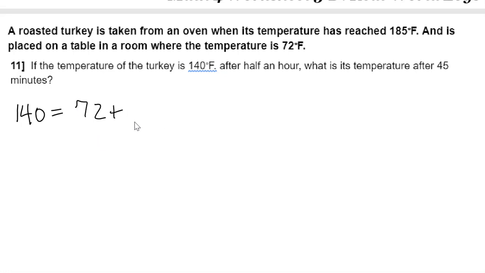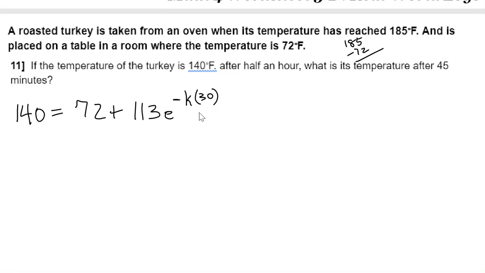The difference between the original 185 minus 72 is going to be 113. And the initial time after 30 minutes, it was 140 degrees.